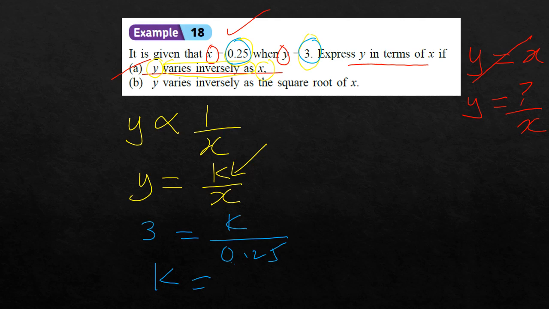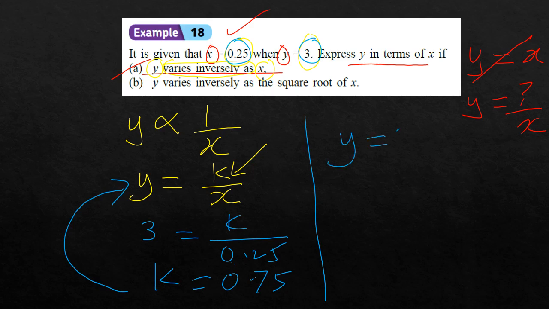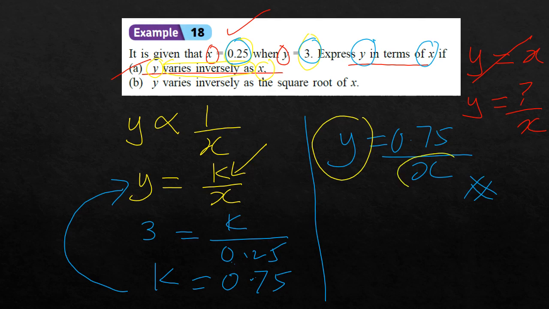What is your k? 0.75. So you don't stop there. You substitute back into here. So y equals 0.75 divided by x. So this is the answer of express y in a term of x.